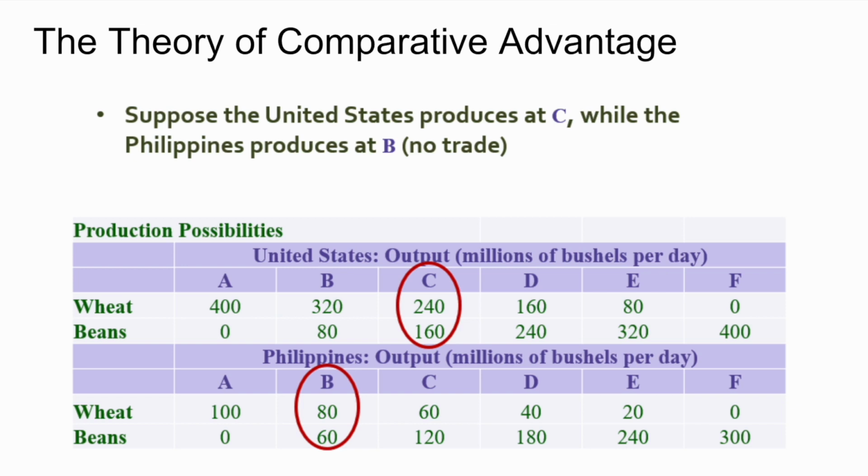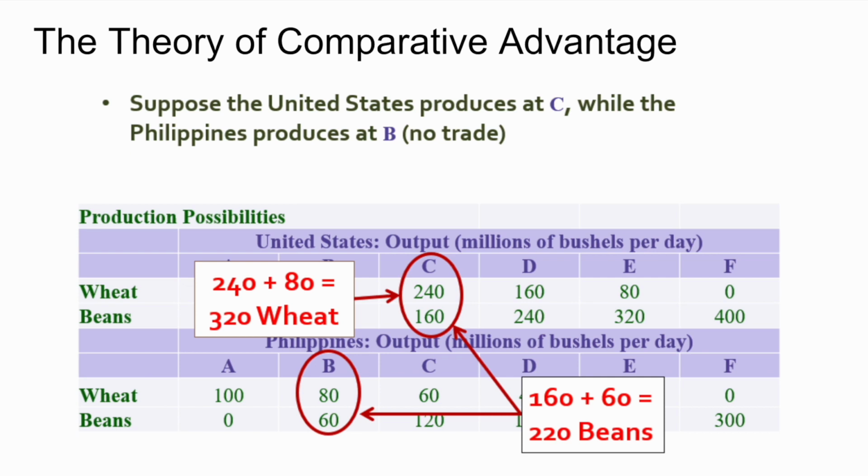We can see, suppose the United States produces at C while the Philippines produces at B, assuming no trade. So let's assume that the United States here is producing 240 wheat and 160 beans, and the Philippines is producing 80 wheat and 60 beans.